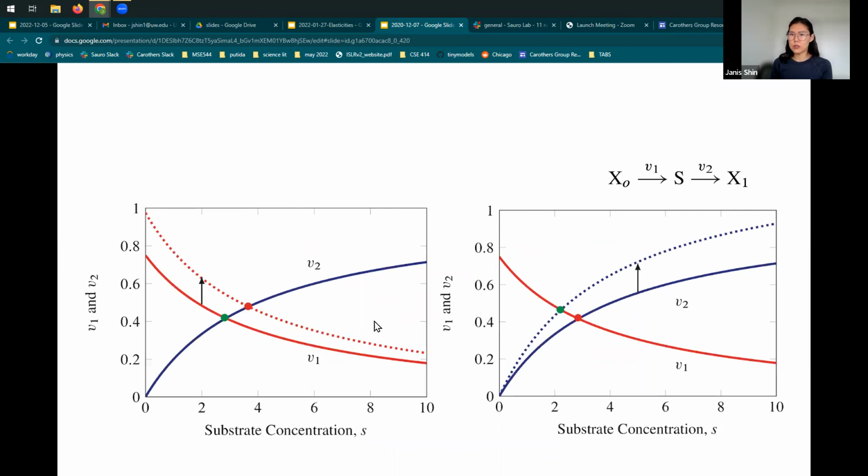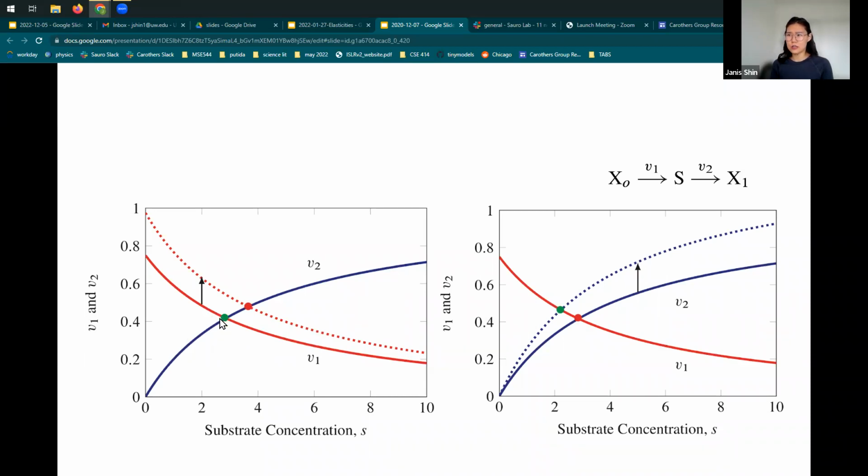So here, if you were to change the rate of either V1 or V2 up by 30%, V1 and V2 would still be equal at steady state, while the substrate concentration would change.